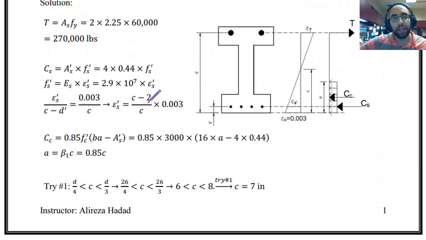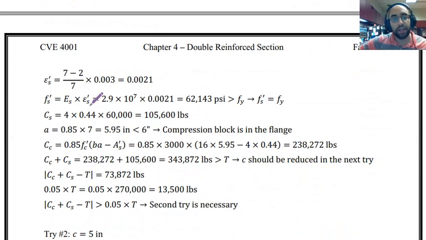Now that we have the strain, we can return it to this equation for finding the stress. Strain multiplied by Young modulus is equal to stress. As you can see, this stress is equal to 62,143 psi.